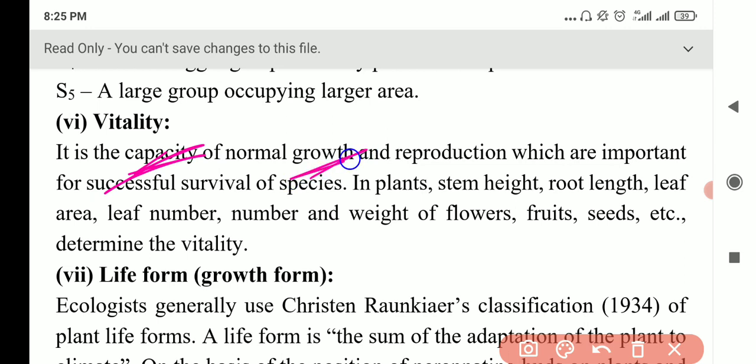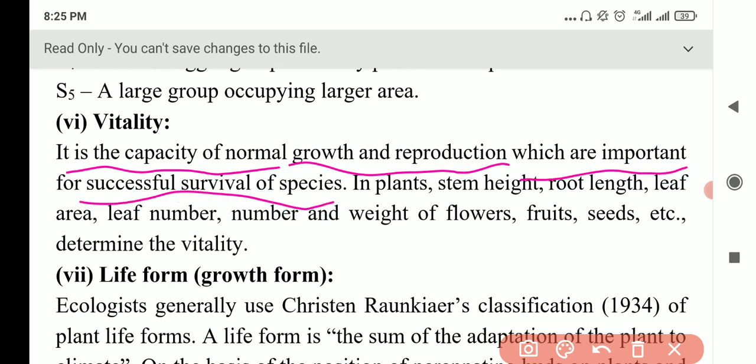Capacity for growth and reproduction means how strongly you can reproduce. If you're from the village, you have 10 or more children. If you're from the city, you'll have lower vitality, maybe 2 to 3 children. Let me continue. It is the capacity of normal growth and reproduction, which are important for the successful survival of species. A species has to be very vital.